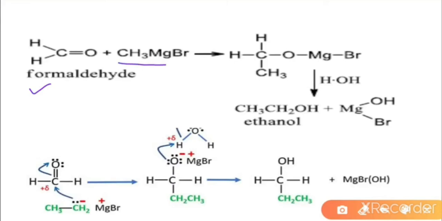Formaldehyde, when treated with methyl magnesium bromide: breaking of the bond between carbon and Mg gives MgBr plus ion and CH3 minus ion.